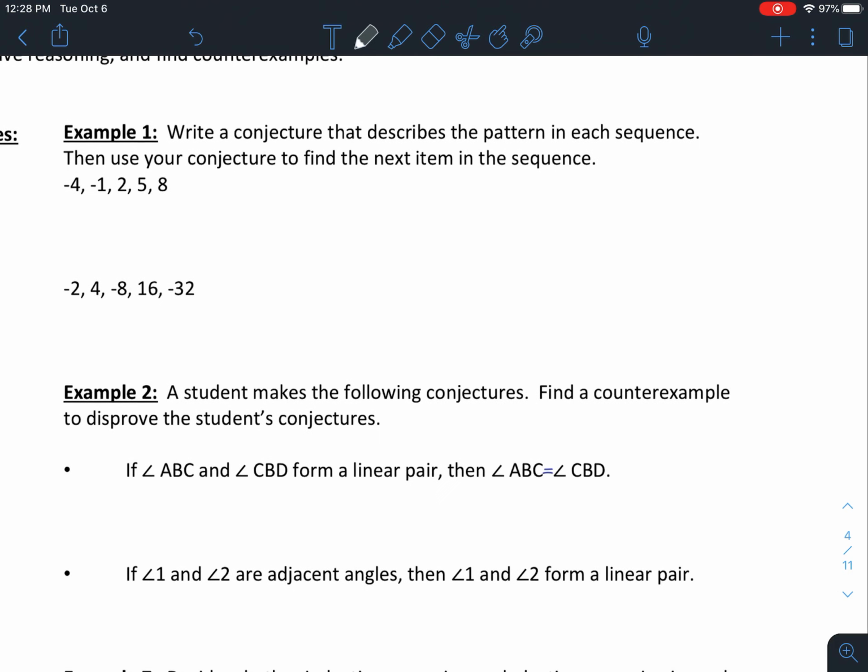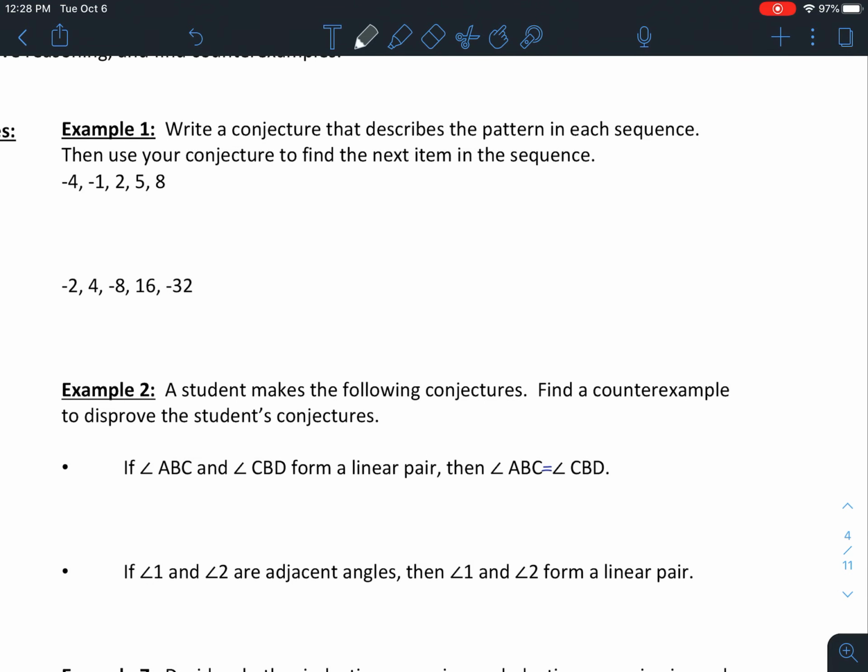All right, so let's do example 1. Write a conjecture that describes the pattern in each sequence. Then use your conjecture to find the next item. Looking here, we've got -4, -1, 2, 5, and 8. From -4 to -1, I added 3. Same thing from -1 to 2, add 3. 2 to 5, add 3.